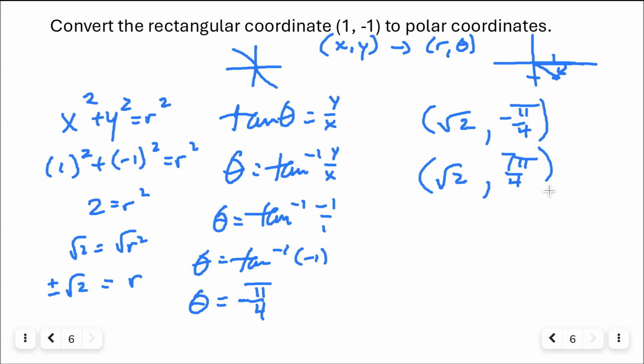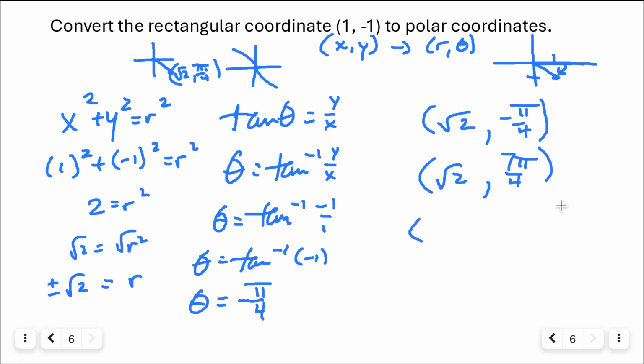So now you can see the interesting part here is you can write this point in multiple ways. So 1, negative 1 can be written in multiple ways, right? Because if I go all the way around to 7 pi over 4, that would take me here and then out to root 2. That would be root 2, 7 pi over 4. I'd be in the same place.